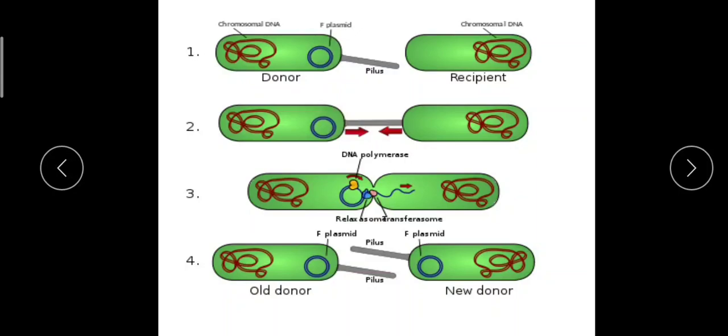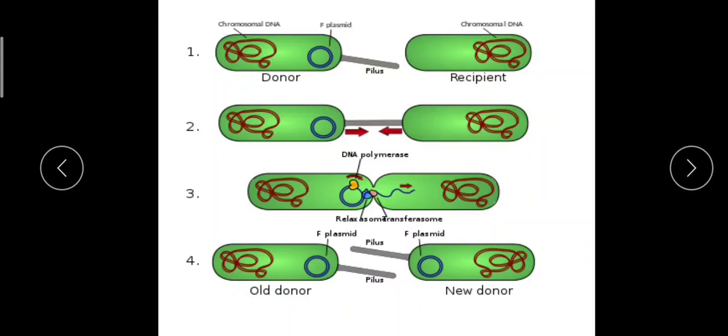During the conjugation, hair-like appendages that we have already studied, the sex pili, appear on the surface of the F positive cell. You can see here, the F positive cell has sex pili, and the sex pili come in contact with the recipient.